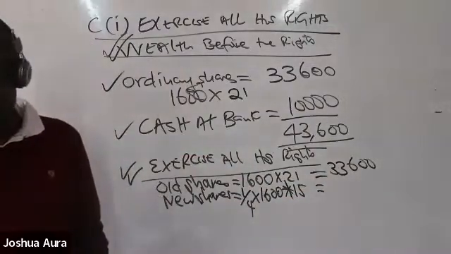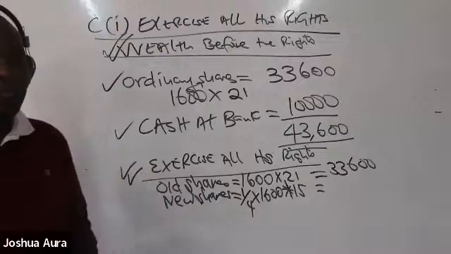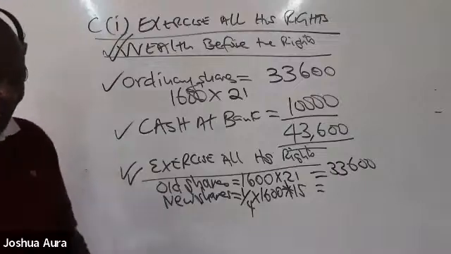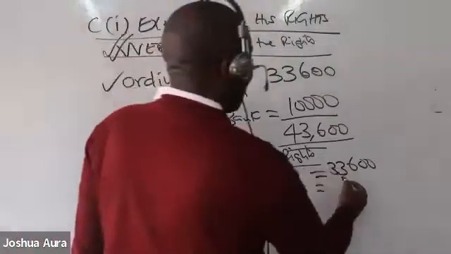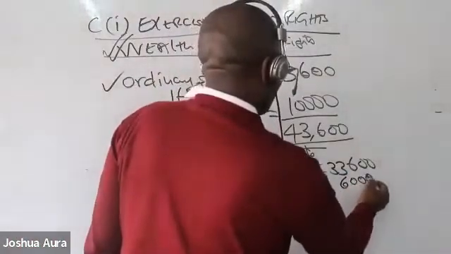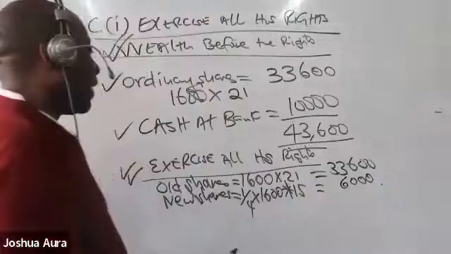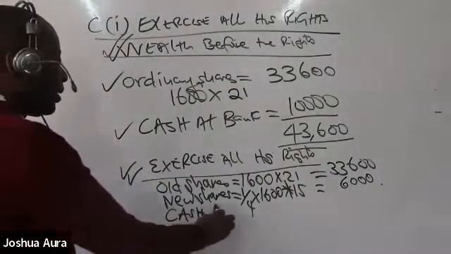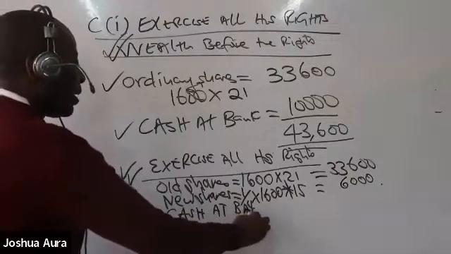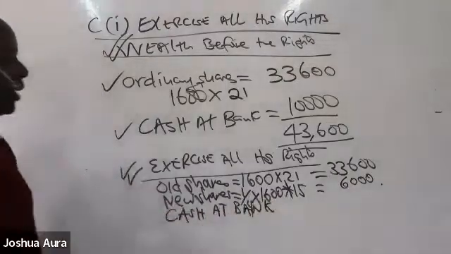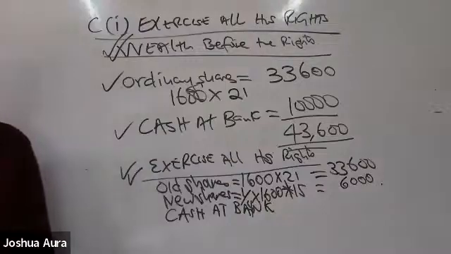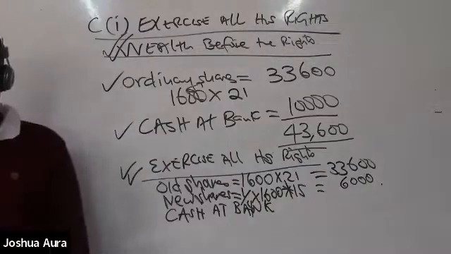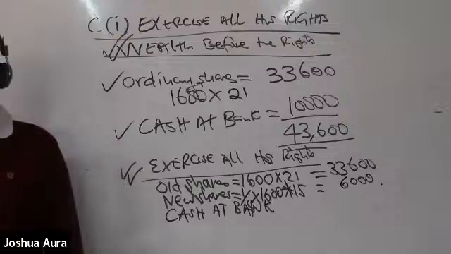Can somebody give me this figure? 6,000. So this gives me 6,000, isn't it? And then in this case, ladies and gentlemen, come and give us now cash at bank. Cash at bank itakuwa ngapi? 4,000.